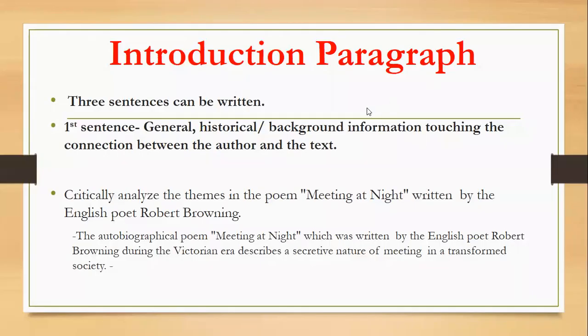For example, look at this question. Critically analyze the themes in the poem Meeting at Night, written by the English poet Robert Browning. I have written one sentence. The autobiographical poem Meeting at Night, which was written by the English poet Robert Browning during the Victorian era, describes a secretive nature of meeting in a transformed society.